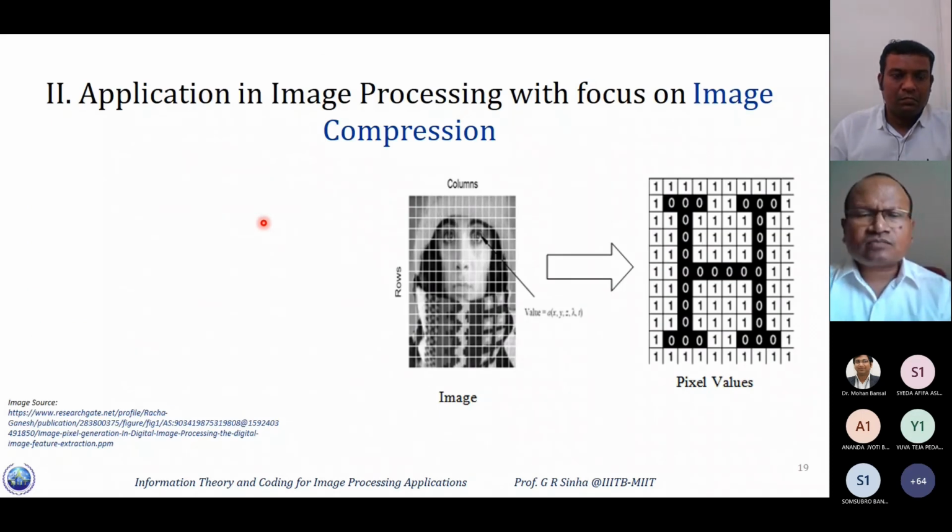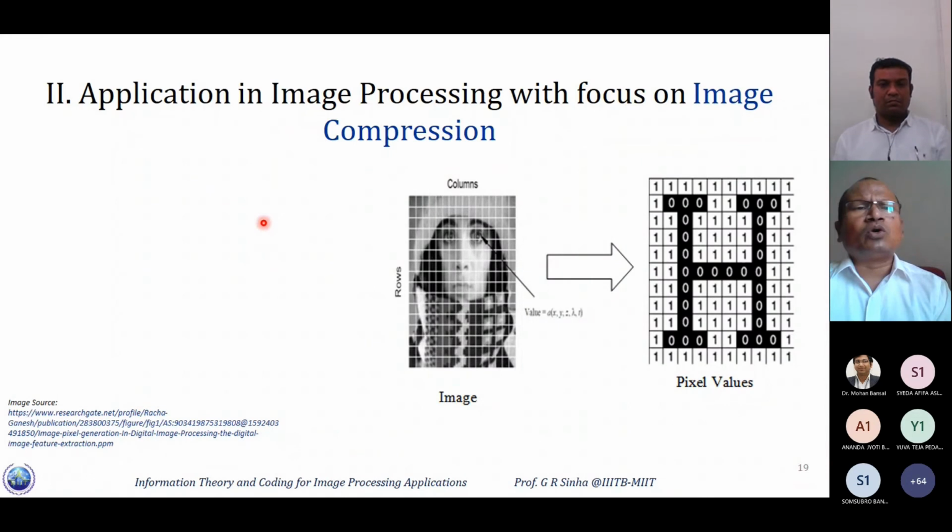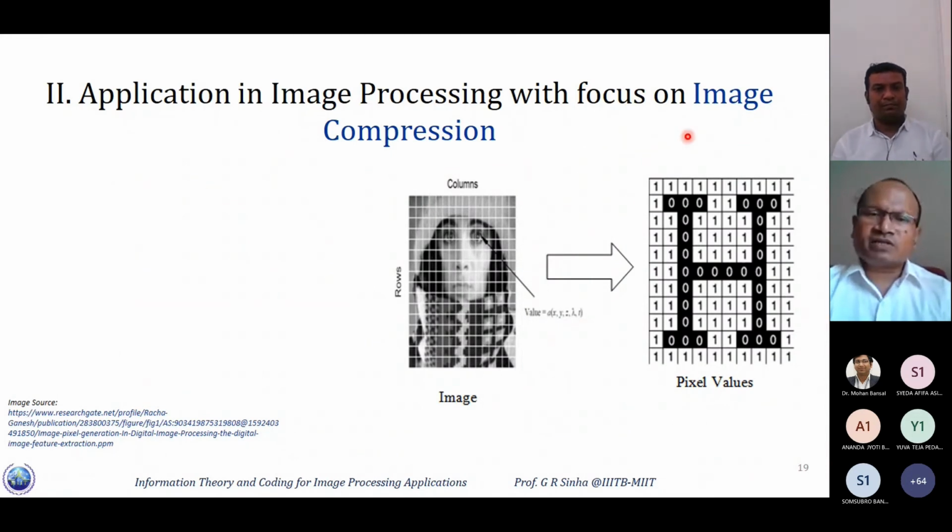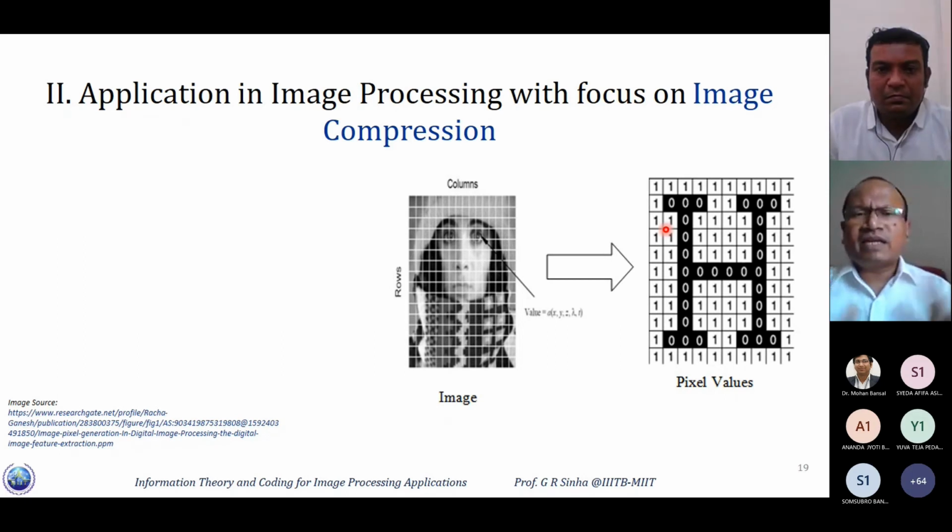So let's straight away go to the application in image processing, highlighting image compression. Why I have included this diagram is, again, in this title slide, the second part title, you can see one picture. For image processing, I think you all have some idea. Those who have studied image processing know it very well. Even if you have not studied image processing, it's very simple.